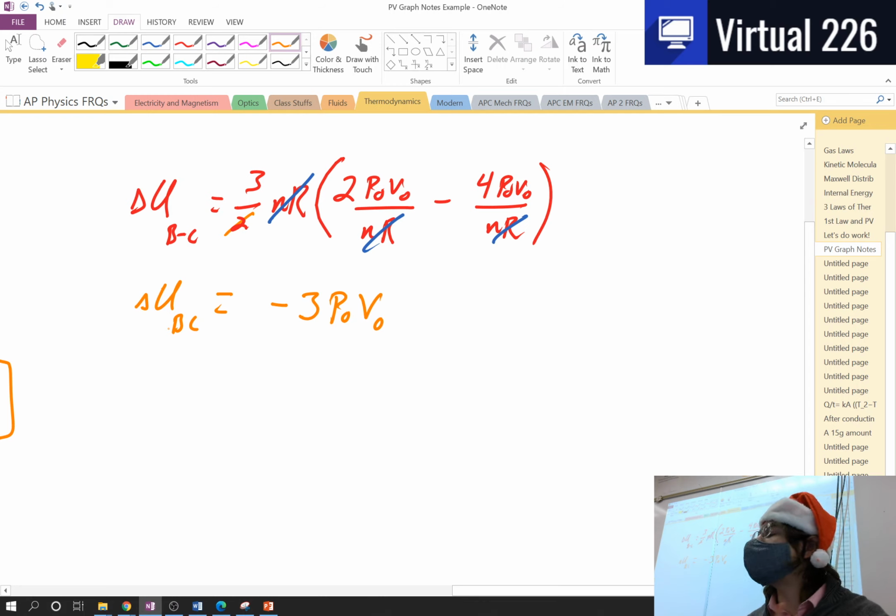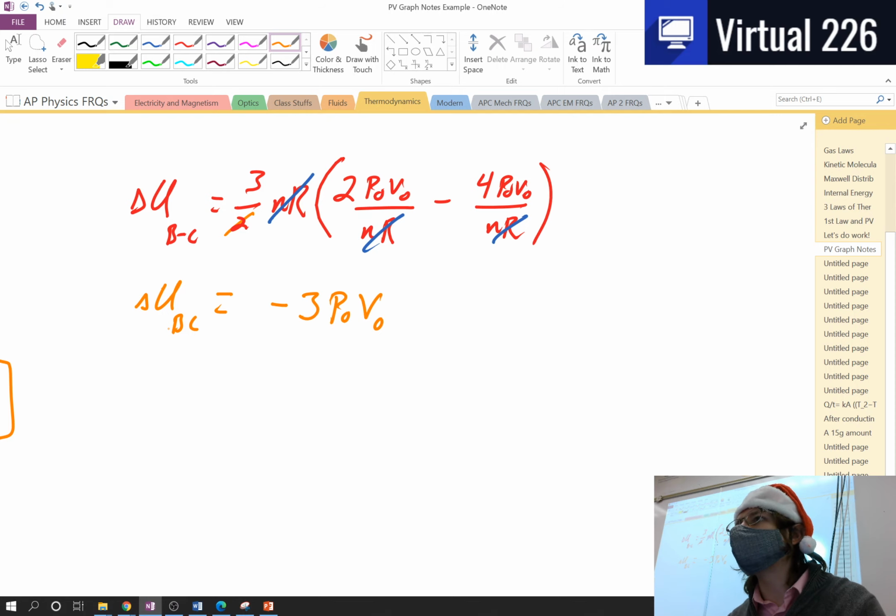Now this is very interesting here, because going from B to C, that was an isochoric function, or an isovolumetric. It was straight down. The volume didn't change. No work was done. But yet, our delta U, our change of internal energy, was still negative.